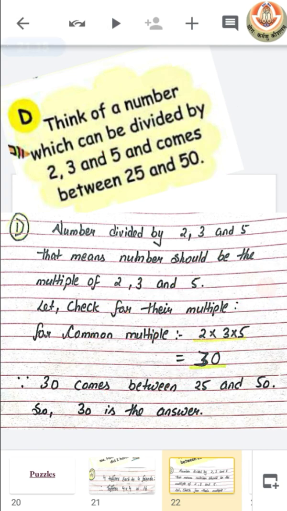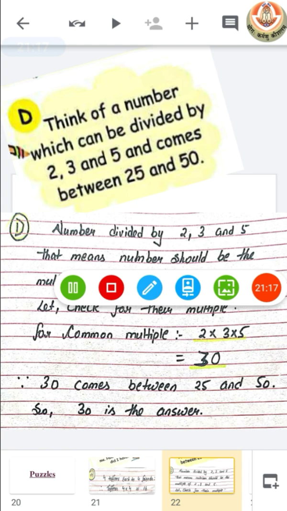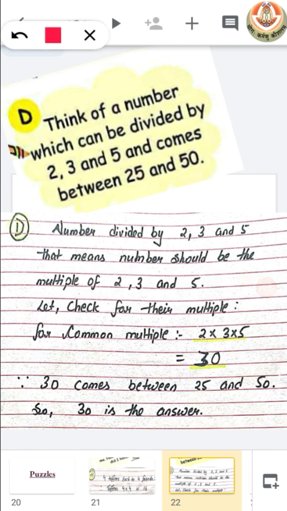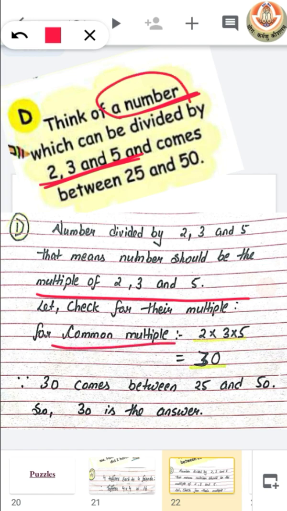So a similar thing we are saying here, that if a number is divided by these three numbers, it should be a multiple of these three numbers. And also we just don't have to check the multiple of these numbers, we have to check the common multiple, means that number which is divisible by 2 as well as 3 and as well as 5.